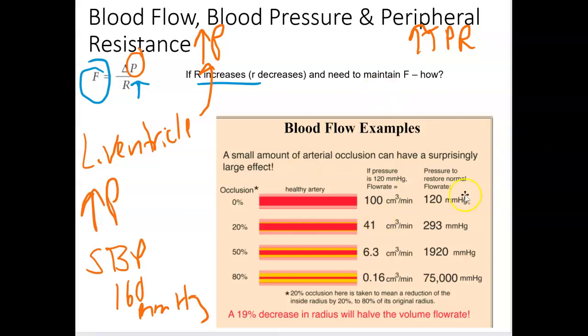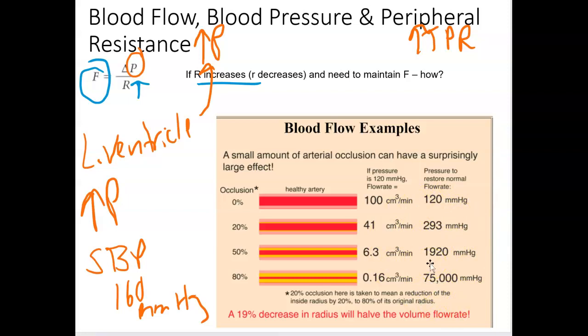So this is something I found actually at a physics site to give you an idea of tiny occlusions, right? Tiny amounts of deposits in our blood vessels really affect the pressure. So normally we can circulate blood with a pressure of only 120. Well, look if we're 20% occluded, how high the pressure would have to go. Now, you're not measuring pressures this high, by the way, on the heart.